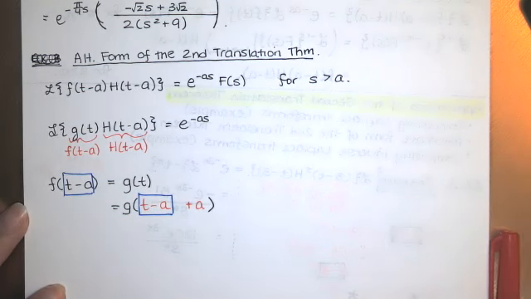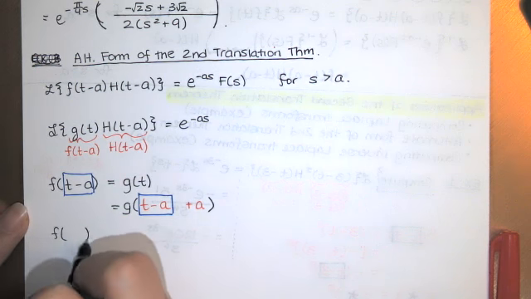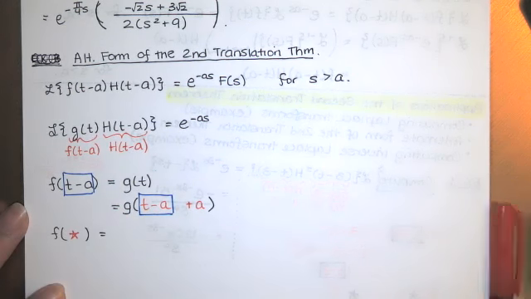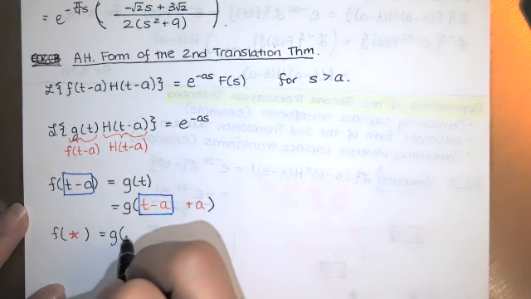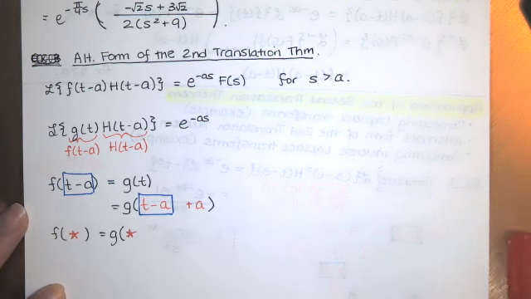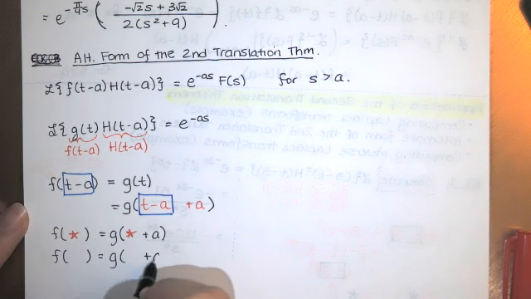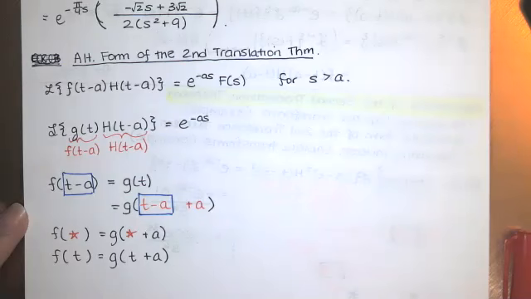So that would tell us that f of t in this case, or f of some input, is actually g of that input plus a. So if my input is t, that should be g of t plus a.